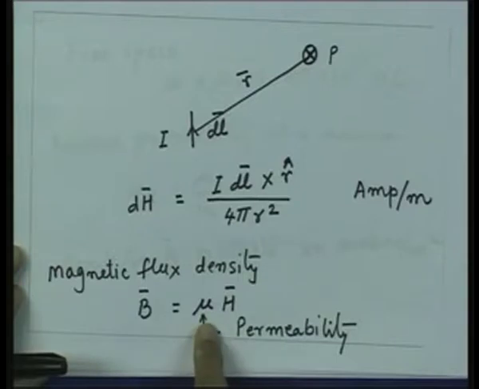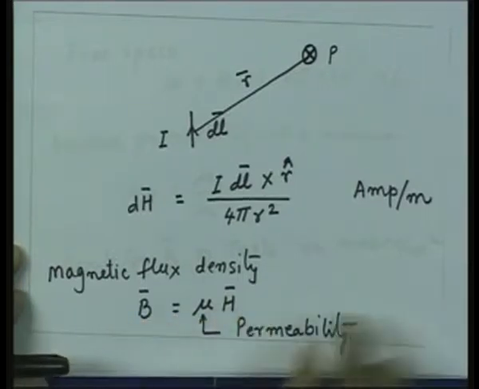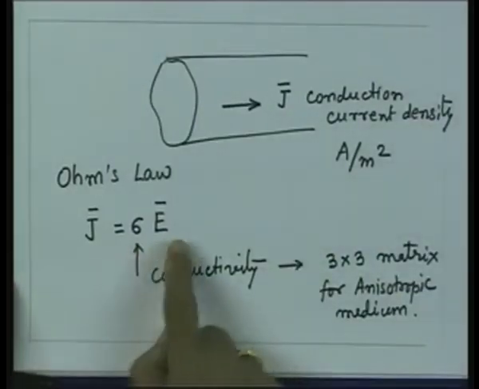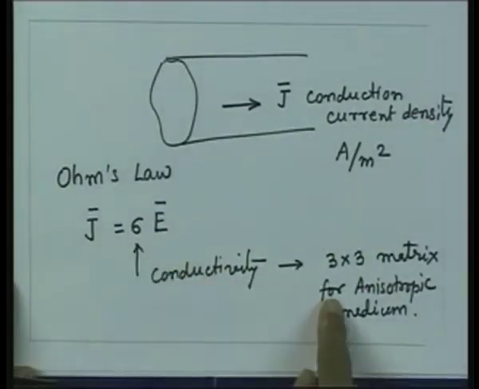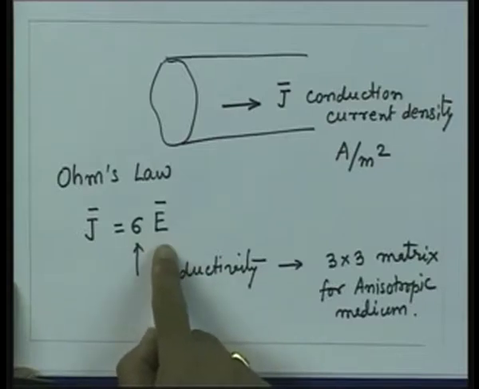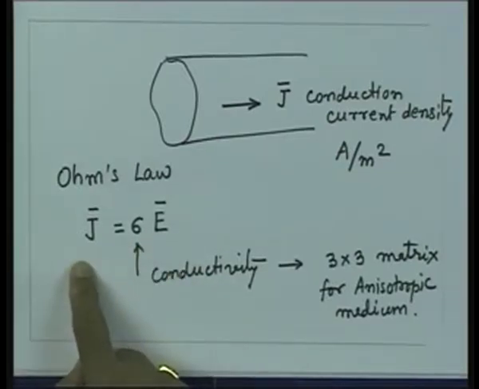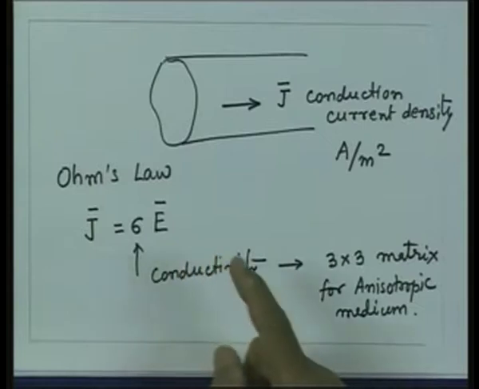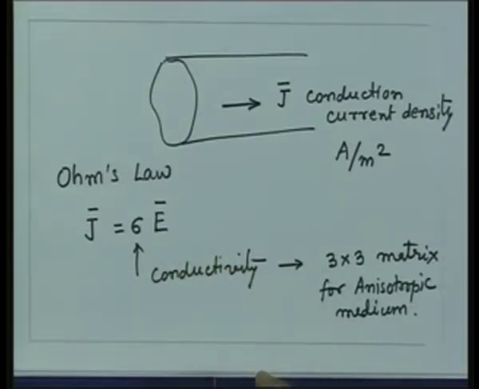But if the medium is anisotropic, then these two directions will not be the same. Same is true for the conduction current density and the electric field: if the medium is anisotropic, then the direction of the electric field is not the same as the direction of the conduction current density.